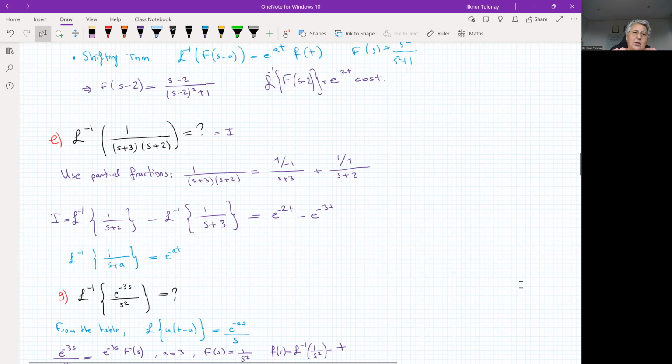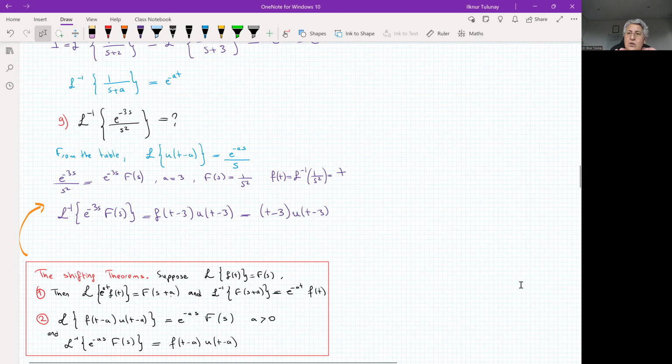Okay, let's have a look at the other one. Again, we need to use the shifting theorem. Now, we would like to calculate the inverse function of e^{-3s} over s squared. From the table, we know that the Laplace transform of u(t minus a) is e^{-as} over s.